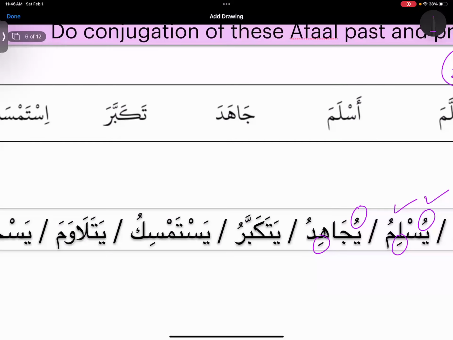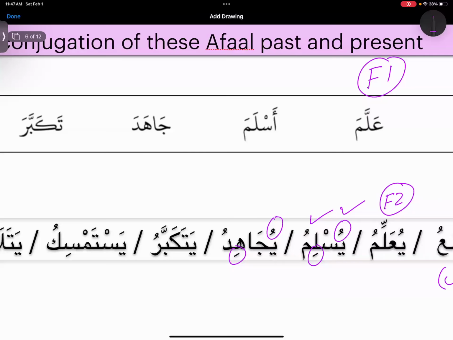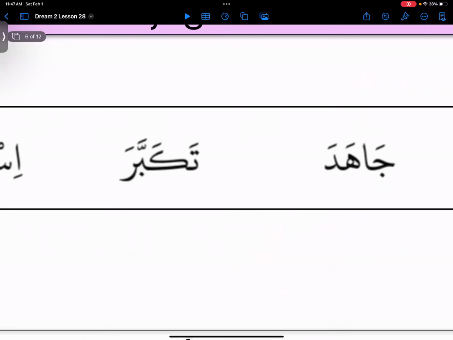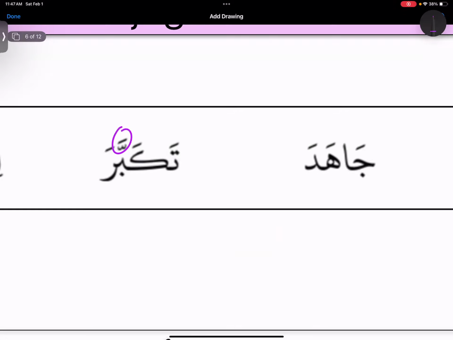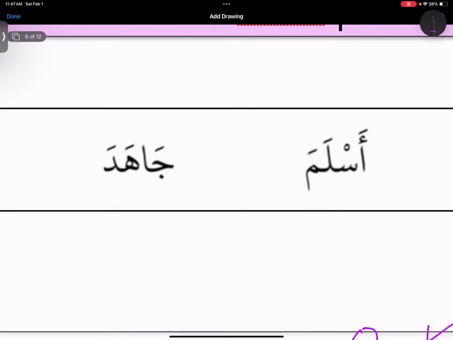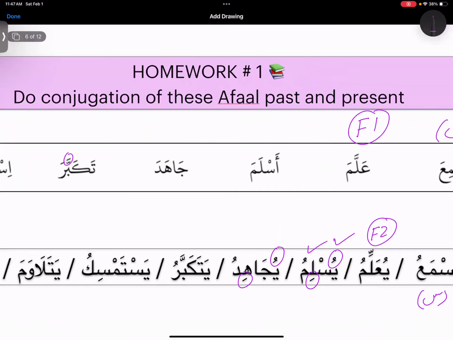Then takabbara, yatakabbaru. Now this is a little tricky, right? Last time we saw allama and then yu'allimu, with a shadda on the middle root letter, so you might confuse it with allama.